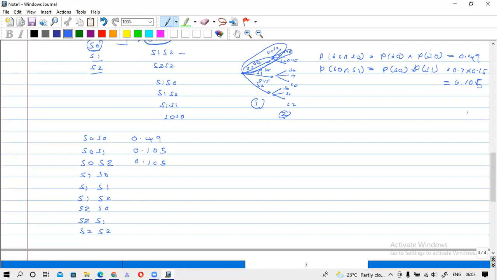Here S1 is 0.15 and S0 is 0.7, in this branch.